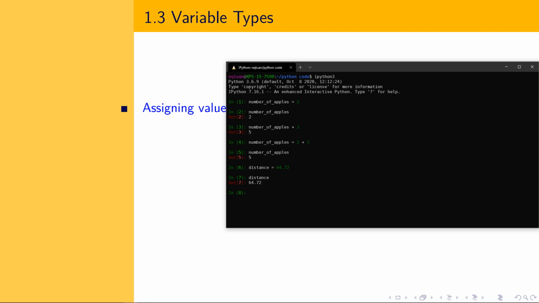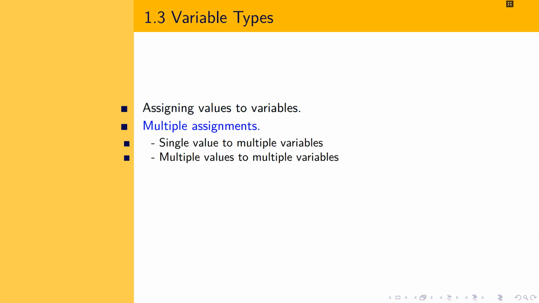And of course, you can assign a string to a variable. So let's say John, for example, and you can call it. But please remember that the string should be inside quotation marks.